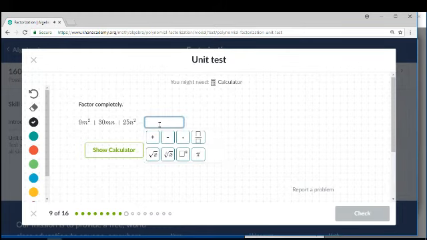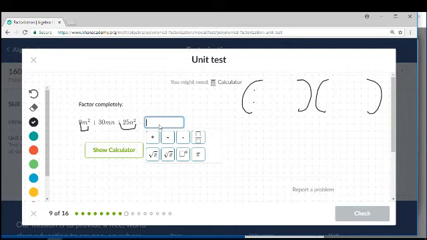All right, let's break this one down again, okay? In order to get the 9m squared and the 25n squared, that's going to have to be broken down as, well, the 9m squared is just going to be 3m.